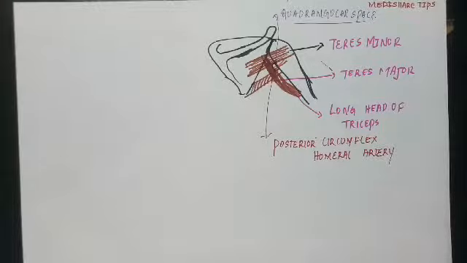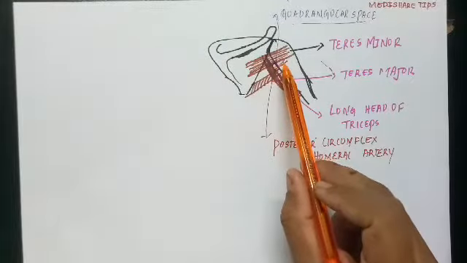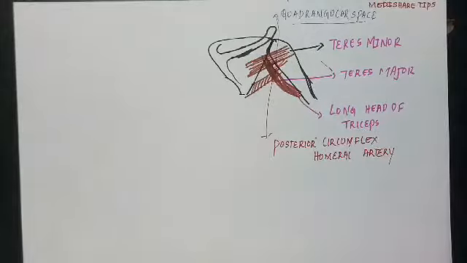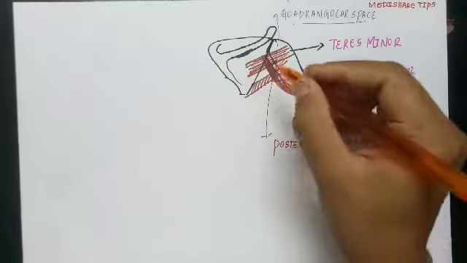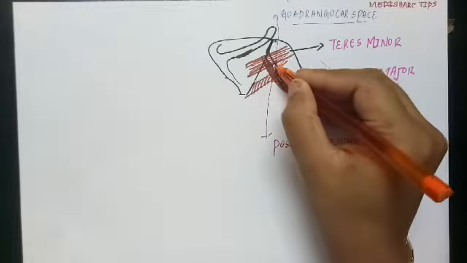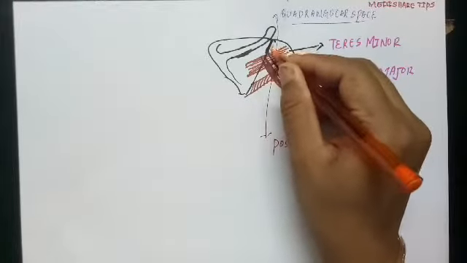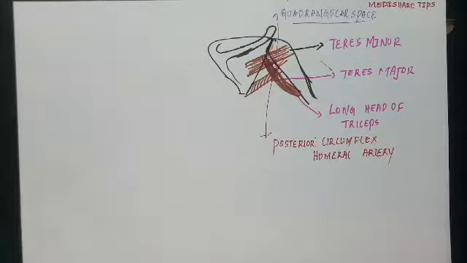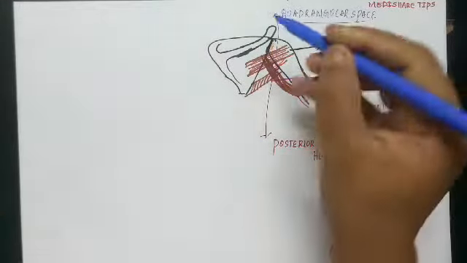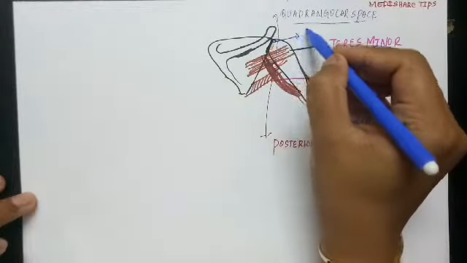It passes through the quadrangular space along with the posterior circumflex humeral artery, and it passes around the surgical neck of humerus on the posterior aspect. Then the main trunk of the axillary nerve gives a branch to the shoulder joint also.